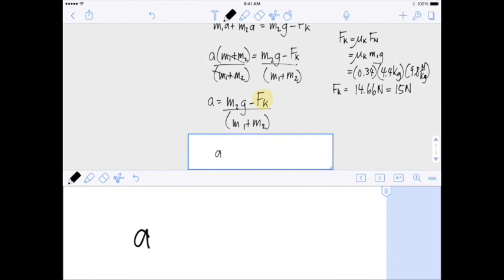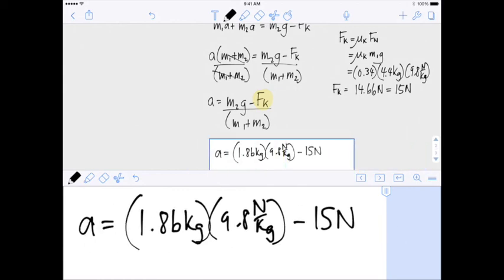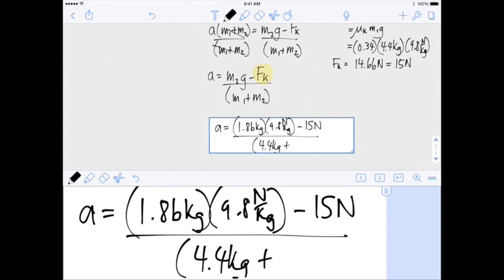So in determining the acceleration, we say the mass of the bucket and the washers is 1.86 kilograms times 9.8 newtons per kilogram minus 15 newtons divided by M1 is 4.4 kilograms and M2 is 1.86 kilograms.